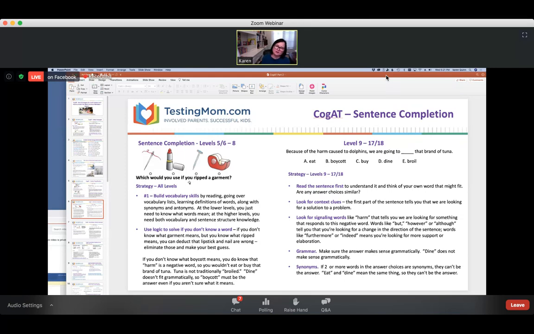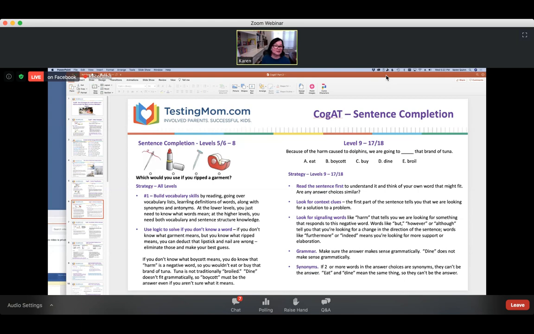If something is ripped, you're sure that lipstick is probably not the answer, because we know that a needle and thread is used to fix a ripped piece of cloth. I suppose a nail could rip something, and maybe a ripped piece of paper could be fixed by Scotch tape. But at least, if nothing else, you can definitely get rid of the lipstick.